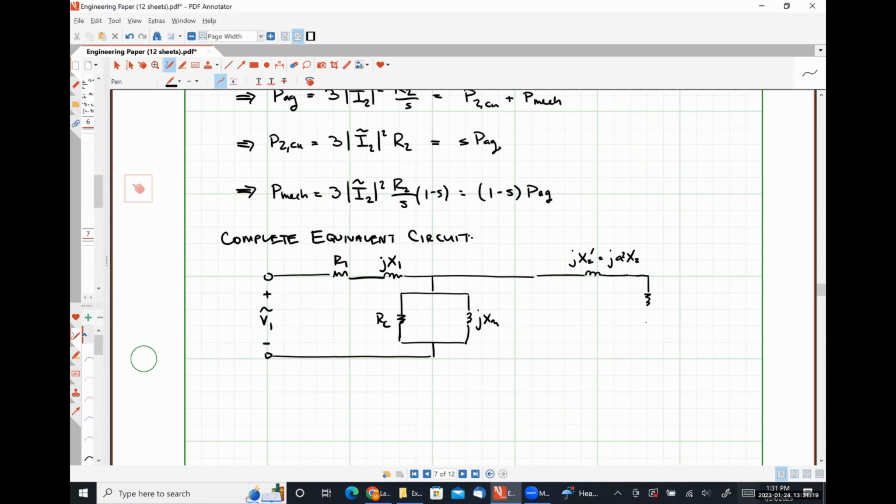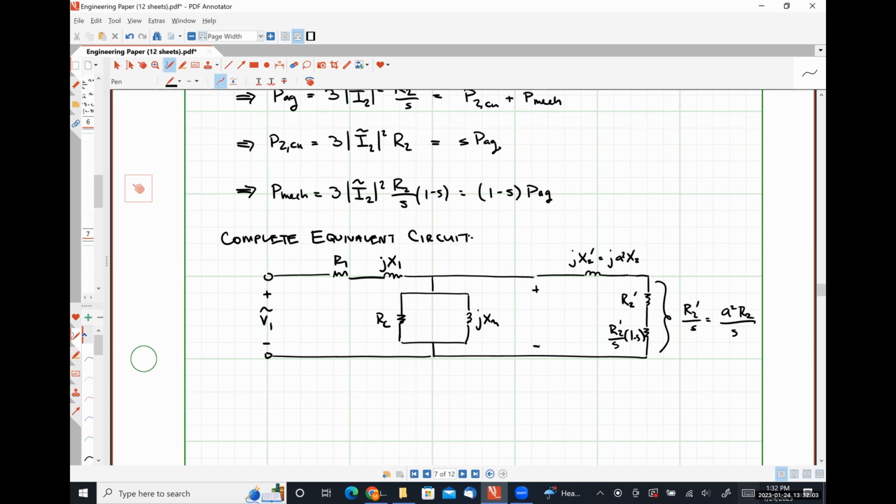And I'm giving you guys something here. This is how it's shown in many textbooks, so I'm showing it to you like this. This is R2 prime, this is R2 prime over S times 1 minus S. So it's just breaking up that resistance on the rotor into the part that attributes to copper losses and the part that attributes to mechanical power, but we can simply lump them together as R2 prime over S, which is nothing more than A squared R2 over S.